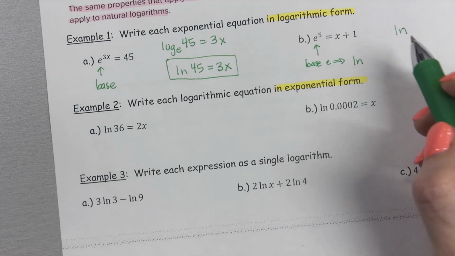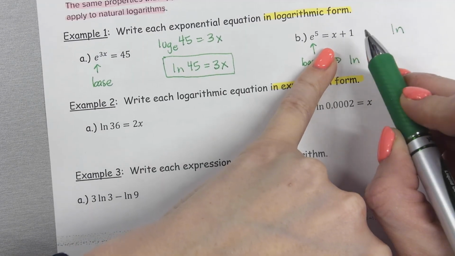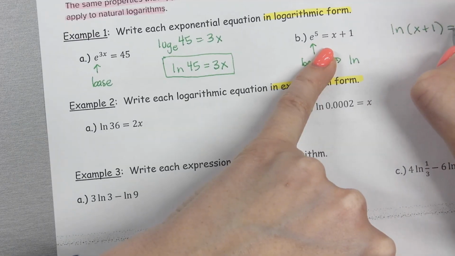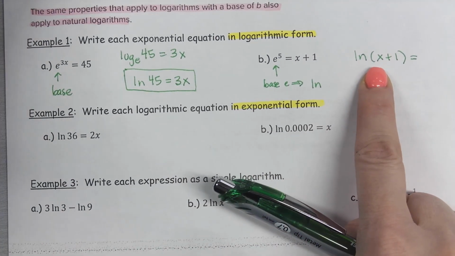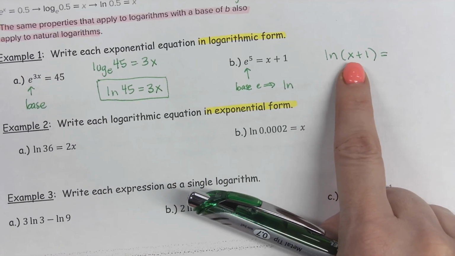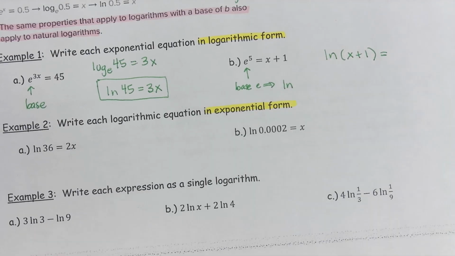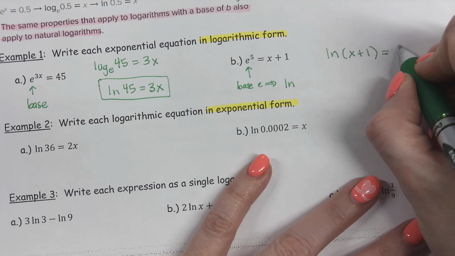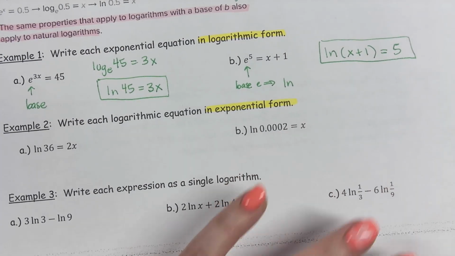Now, when you have a binomial, x plus 1, please double check that you are writing that in parentheses. It does mean something different if you don't have them. That would mean you take the natural log of x and then you add 1. This means you add 1 to x, then take the natural log. So we do need to have that anytime you have a binomial. And then it's going to be equal to the exponent.